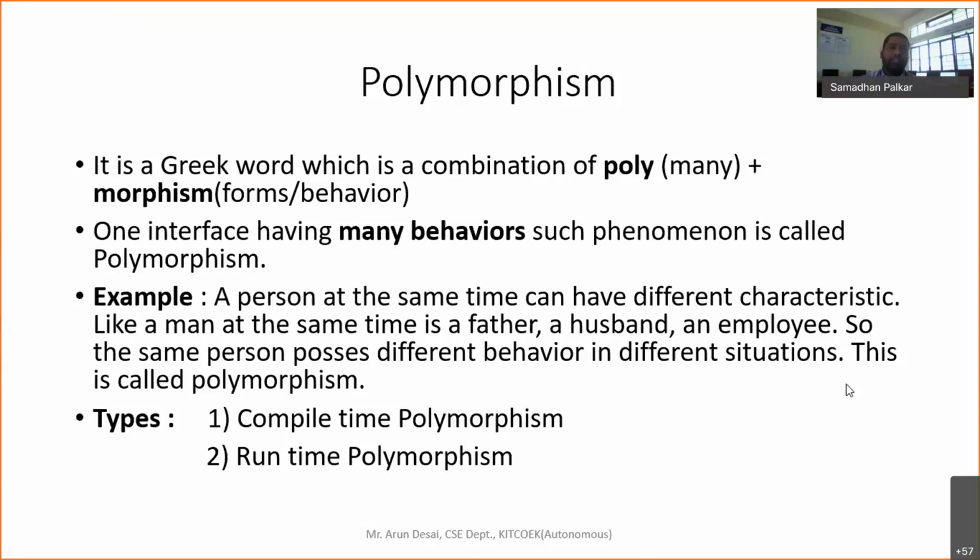A real life example is a person, right? The same person can have different characteristics. If you take me as an example, for you I am your teacher. For KIT, I am an employee, so the role for KIT is different. In case of you, my role is different.